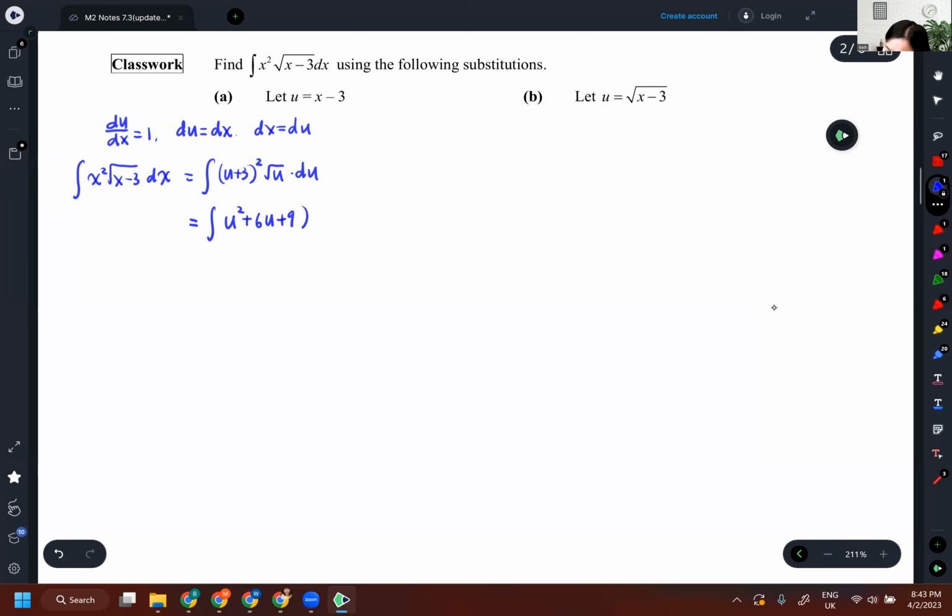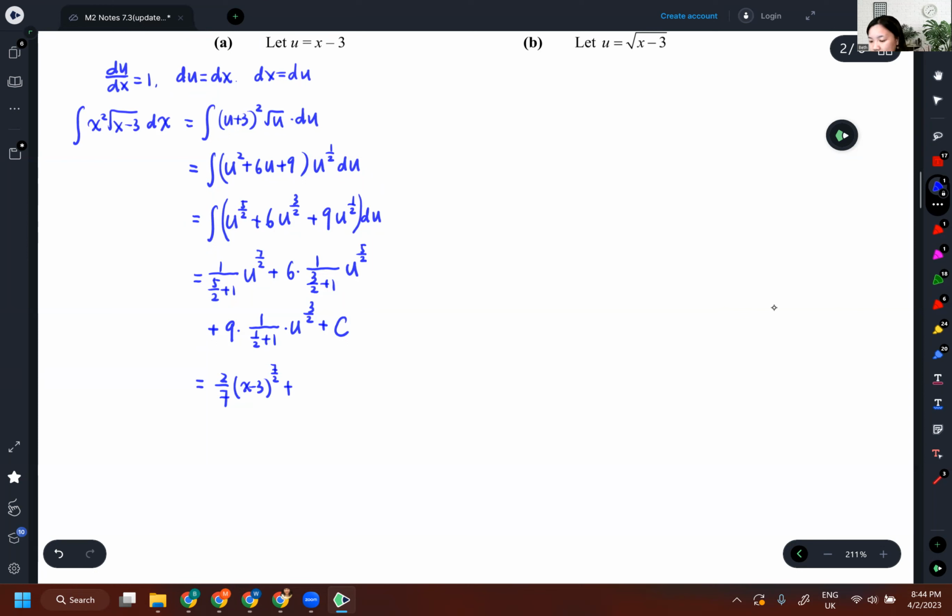And the answer is 2 over 7, where u is x minus 3, to the 7 over 2, plus 12 divided by 4, that's 3, times (x minus 3) to the 5 over 2, and plus 18 over 3, that's 6, (x minus 3) to the power 3 over 2, plus c.